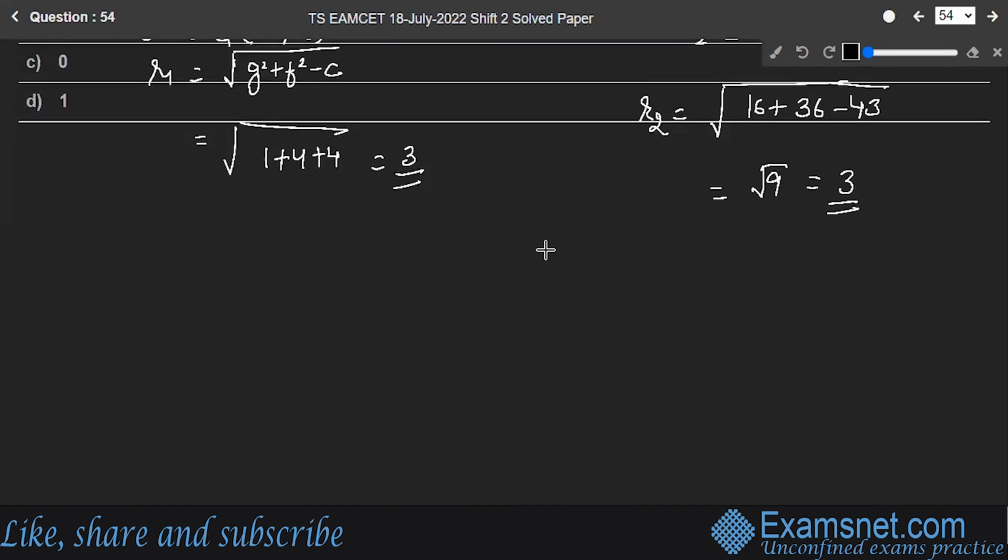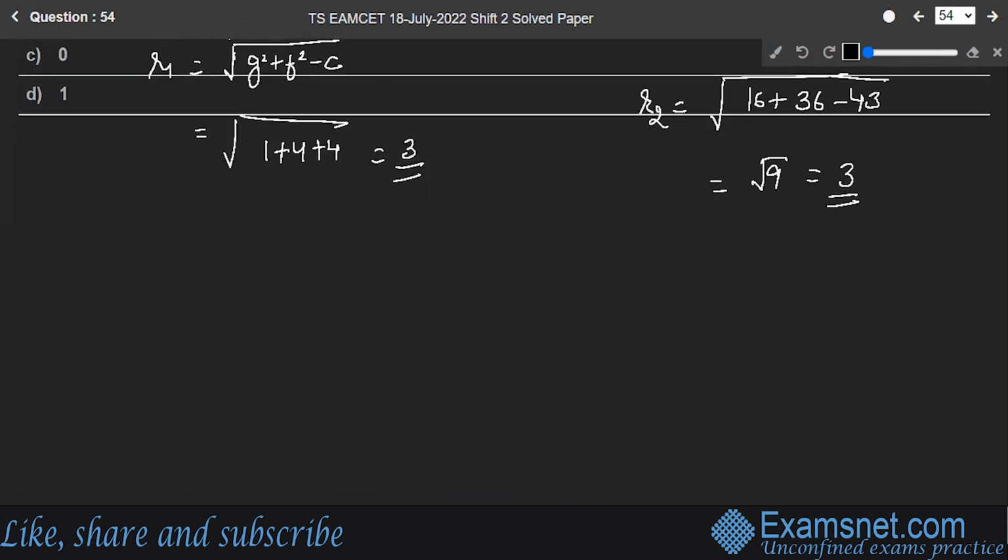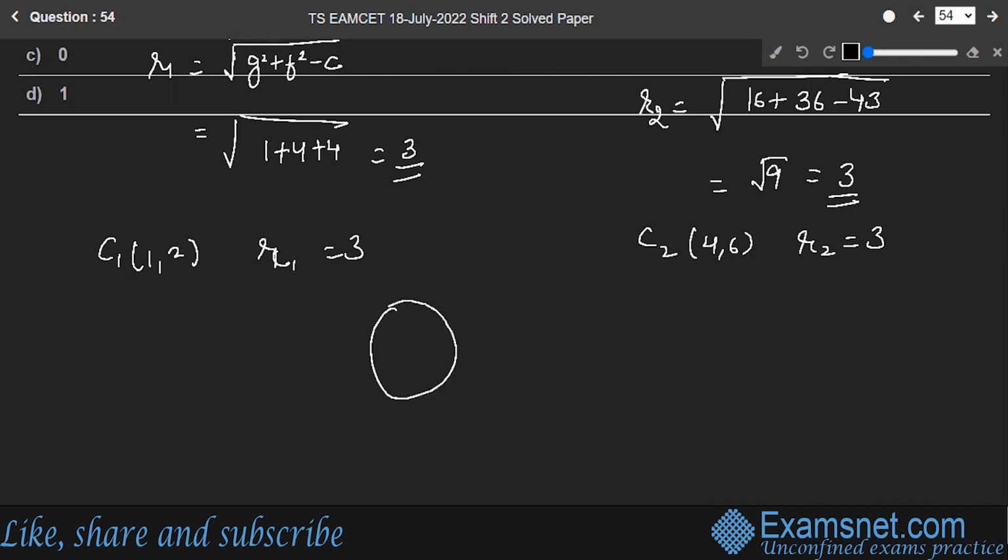Let's go for this now. Center 1 is (1, 2), R1 is 3, center 2 is (4, 6), and R2 is equal to 3. Now, these are the two circles, something like this. This is C1 and C2.